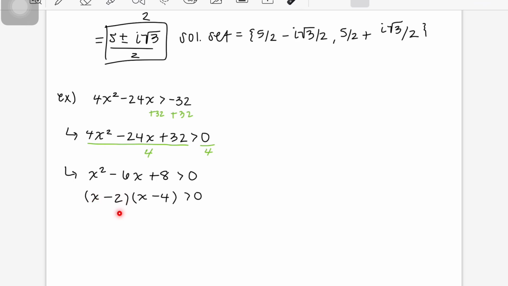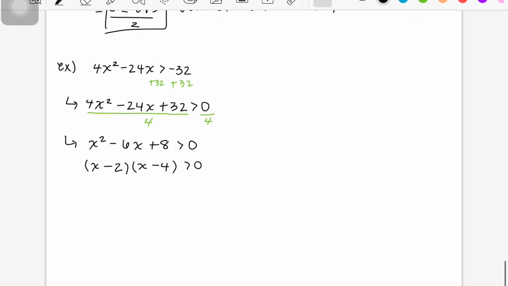And remember, we are multiplying these two guys here. So we're going to separate these into, we want to figure out when x minus 2 is going to be greater than 0 and x minus 4 is going to be greater than 0. Since we are multiplying these, we need both of them to be positive in order to get a number that's positive. Or we need both of these numbers to be negative.